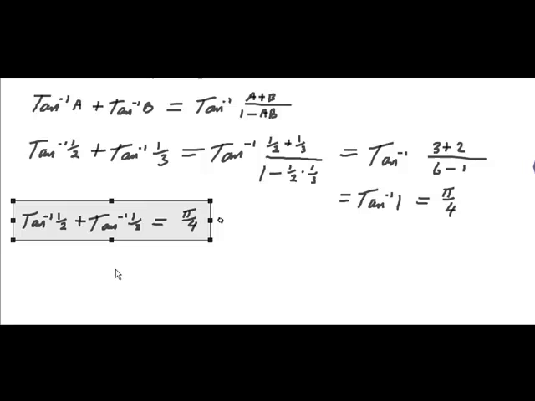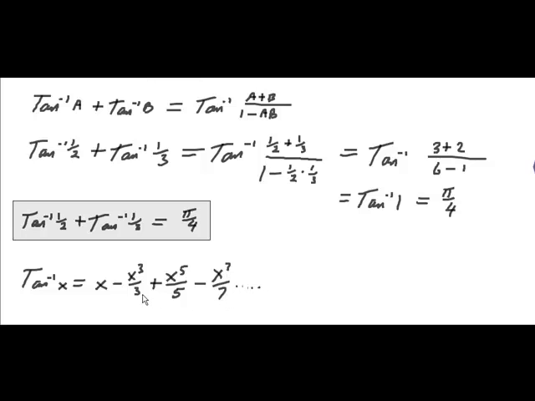And now we use the series that we already proved, our series for inverse tan of x, which is that the inverse tan of x is equal to x minus x cubed over 3 plus x to the power of 5 over 5 minus x to the power of 7 over 7, and so on.